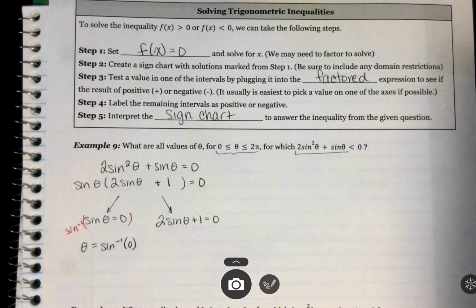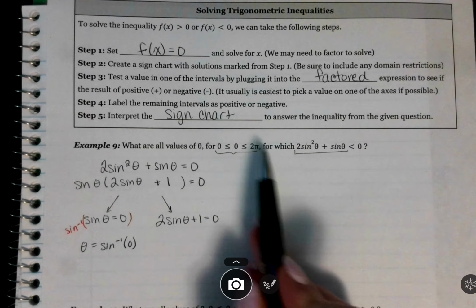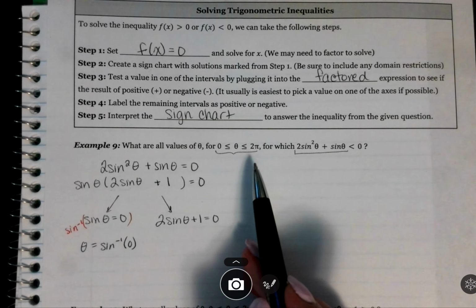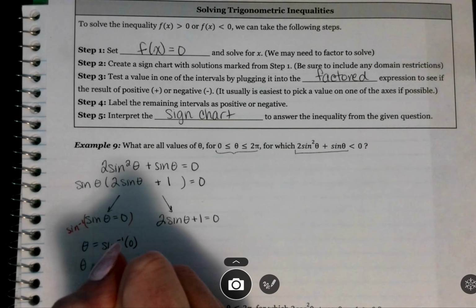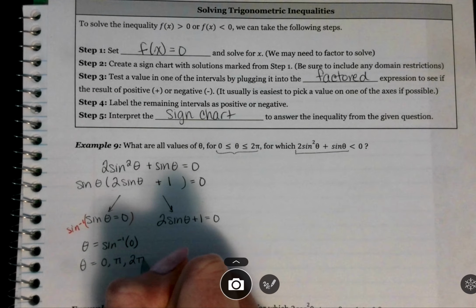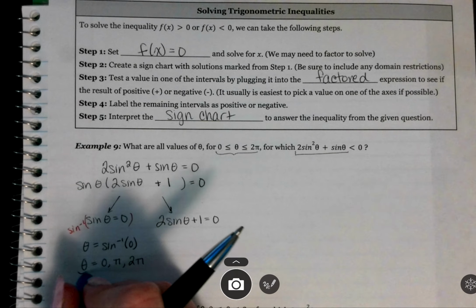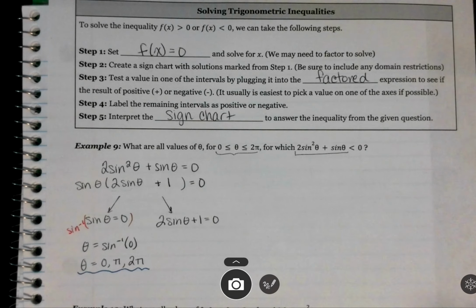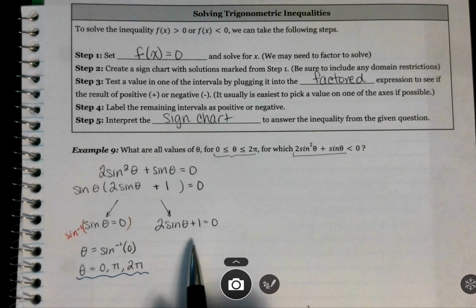And if I look back at my question, 2 pi is included in this restriction for my domain. So arc sine of 0 actually gives me 3 angles: 0, pi, and 2 pi. I just want to make a note of these, because I'll need those for later when I make my sign chart in step 2, but I still have a second equation here that I want to solve.